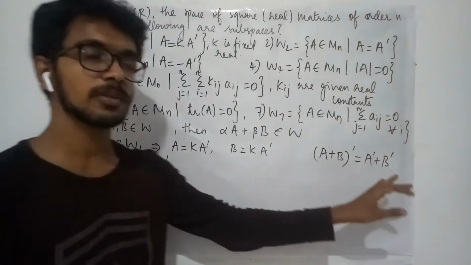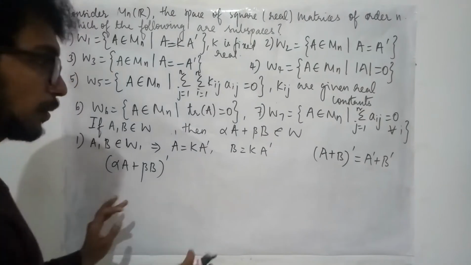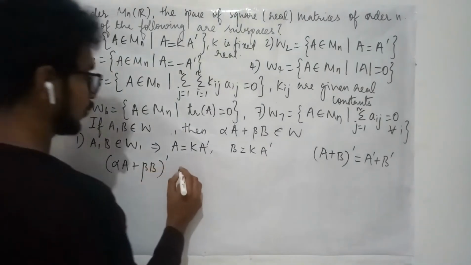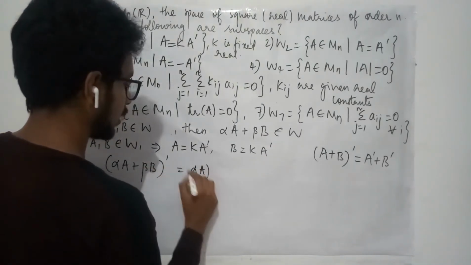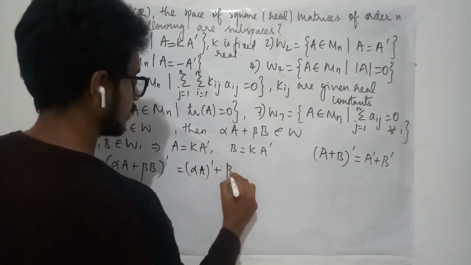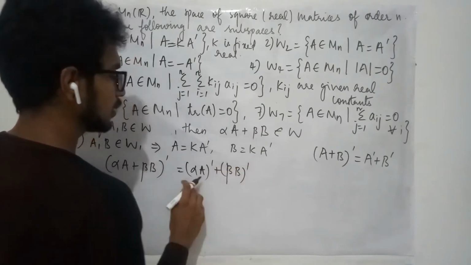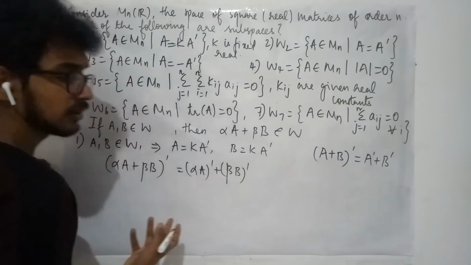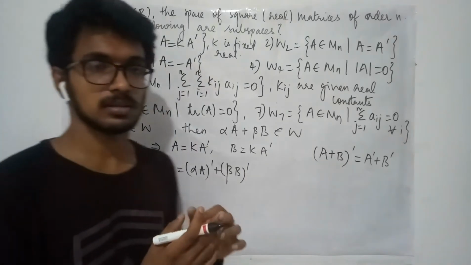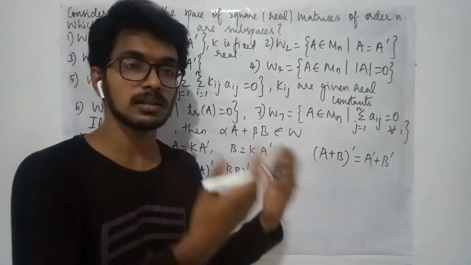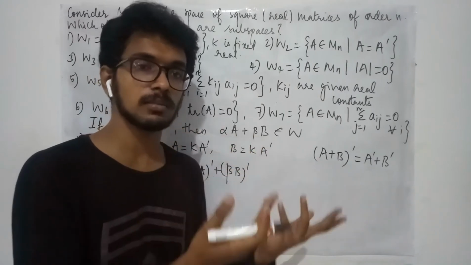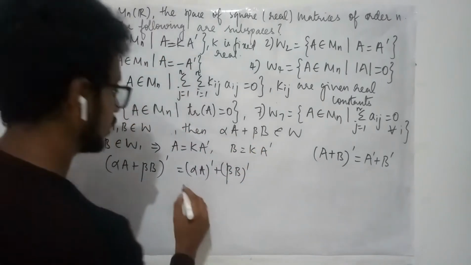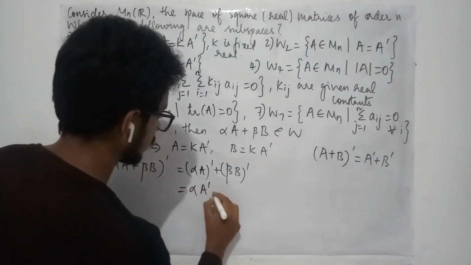Using that property, here we may write alpha A transpose plus beta B transpose. Here alpha and beta are scalars, so you can multiply the scalar with the matrix and then take the transpose, or take the transpose and then multiply. Nothing is going to bother you.